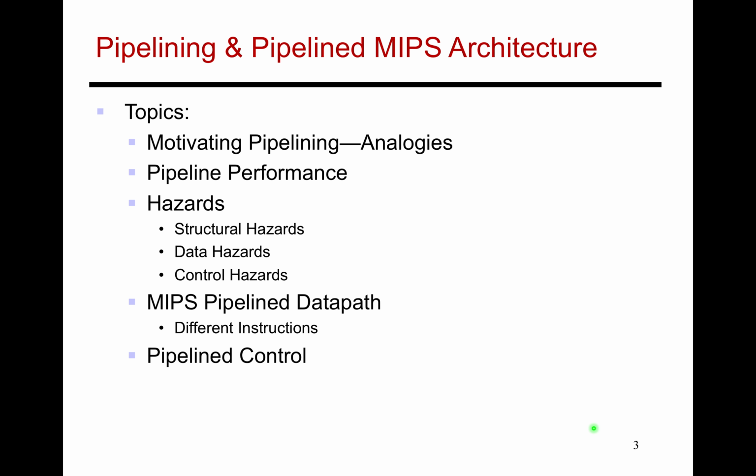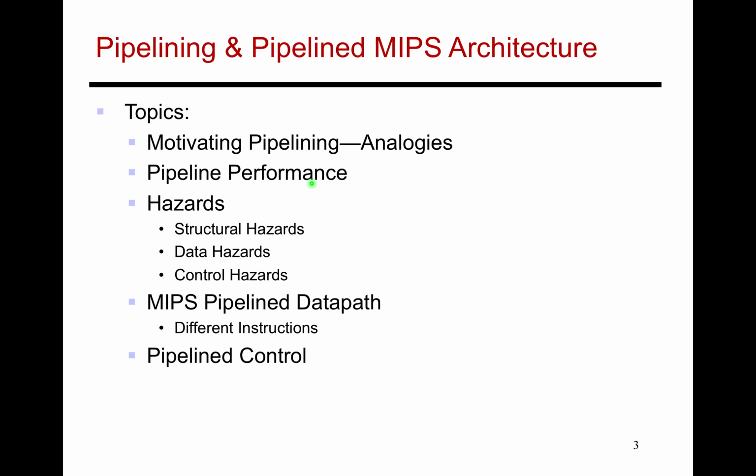For the rest of this lecture and the rest of the week and next week, the discussions are going to be on motivating pipelining, basically saying what pipelining is, how it works, and how it can improve operations. We'll talk a little bit about pipeline performance. Unfortunately, nothing is free.